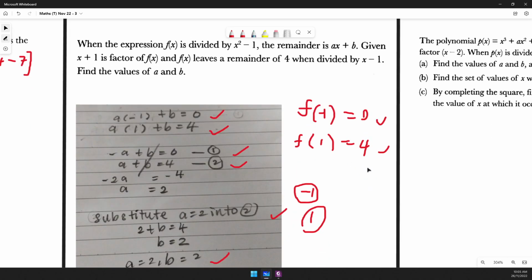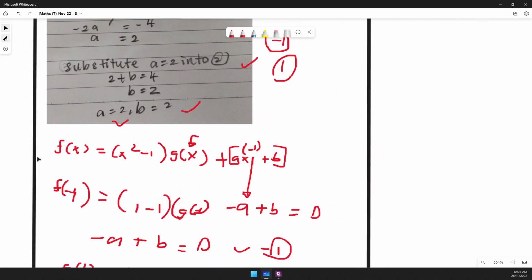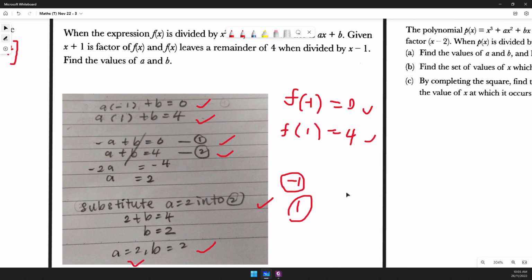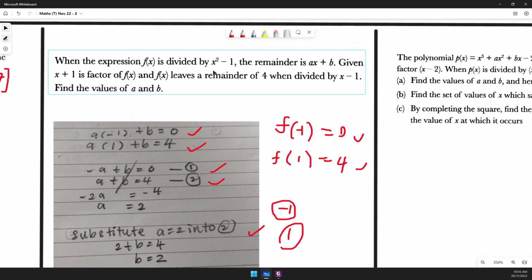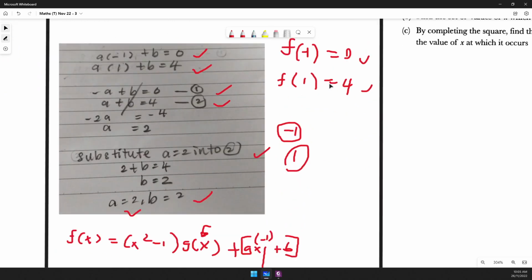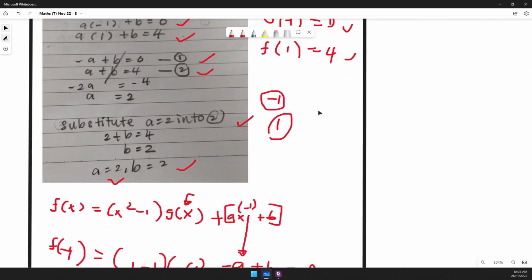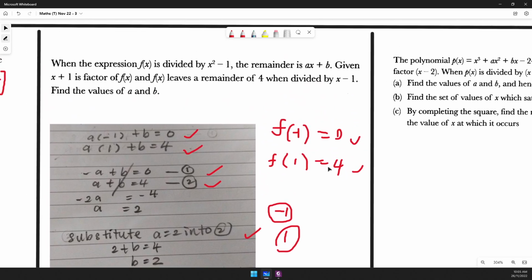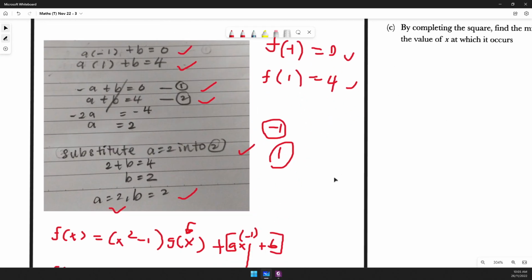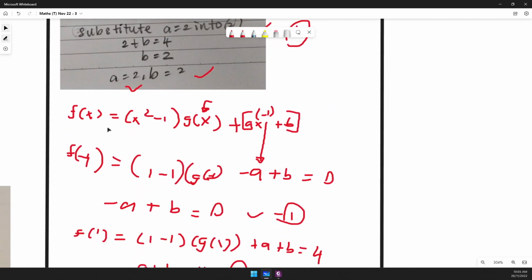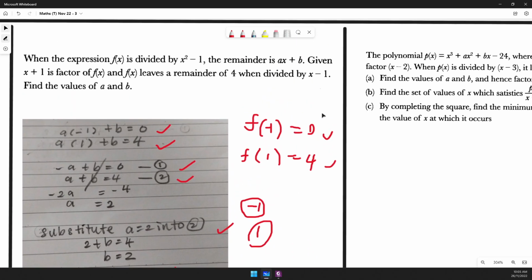They want you to put these values into f(x) with x minus 1. That's why they mentioned dividing by x minus 1, because they wanted to see this part. I'm not sure what will happen if you don't include it, but the main marks are here. Maybe you lose 1 mark if you don't show them this. If you show them, maybe you'll get 1 mark. That's all.